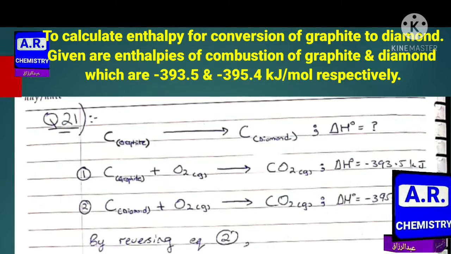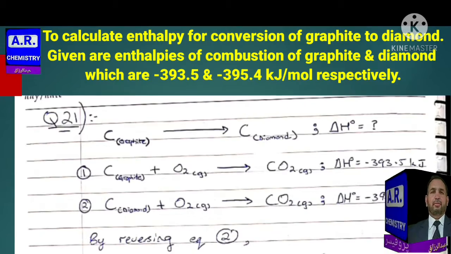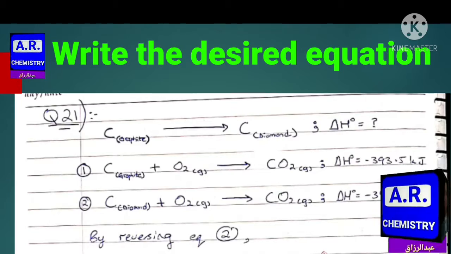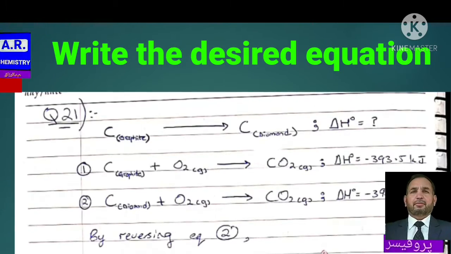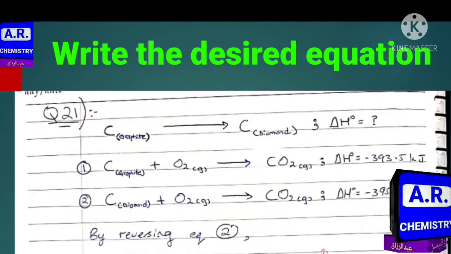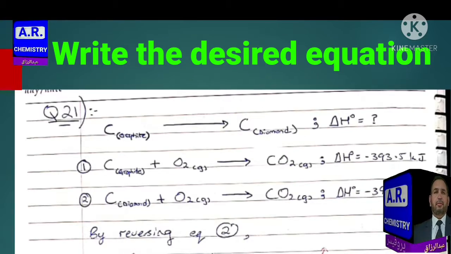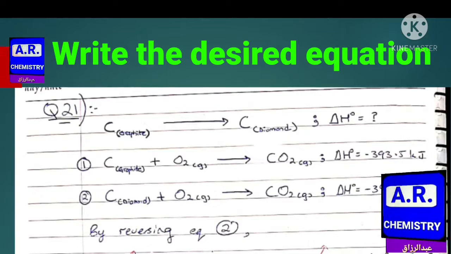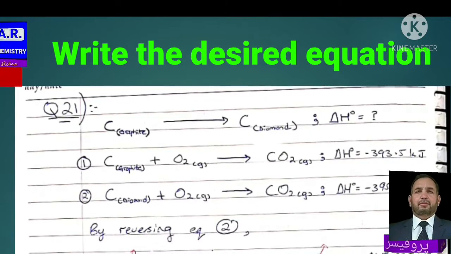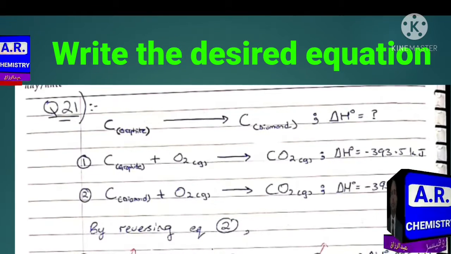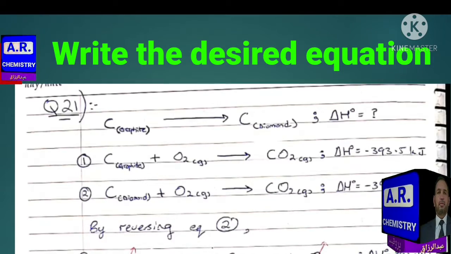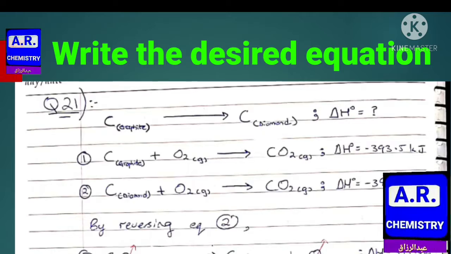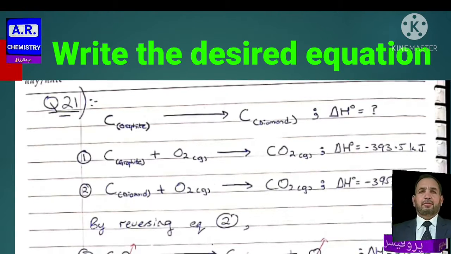At the very first step, at the top of the page, you can find that I have written the required equation, that is carbon, basically graphite is element, graphite's element is carbon. So carbon, and as a subscript graphite, then arrow, and after arrow carbon, and as subscript diamond.